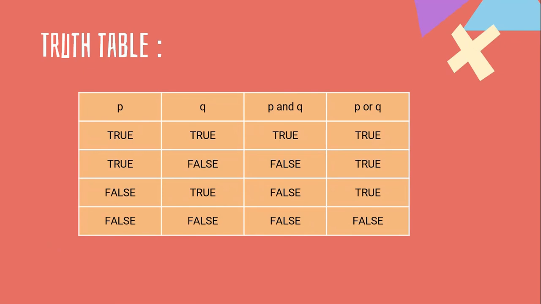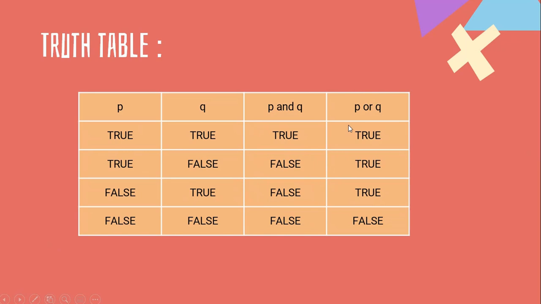So it will be easier to know the truth value of the compound statement by the truth table. So as we can see, in the combination of P and Q, if one of the combination is false, then the compound statement will be false. Both statements must be true to make the compound statement true.